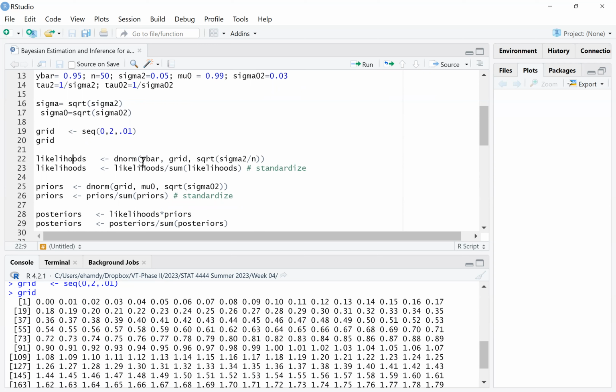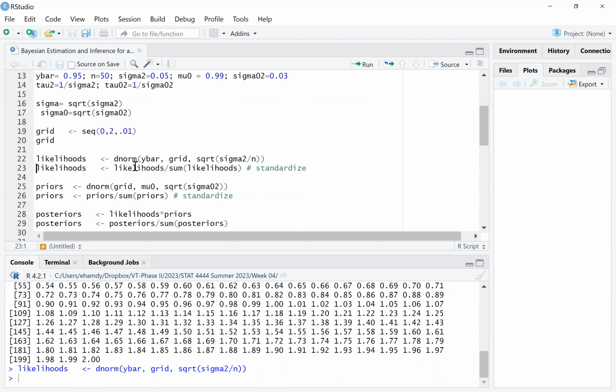So let's evaluate the likelihood, which is approximately a kernel of a normal distribution with mean y bar and standard deviation square root of sigma square divided by n, or 1 divided by n tau square, at these values. And then I will change them to probabilities by dividing the likelihood by the sum of the likelihood.